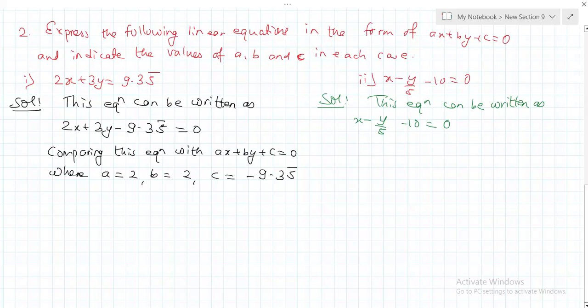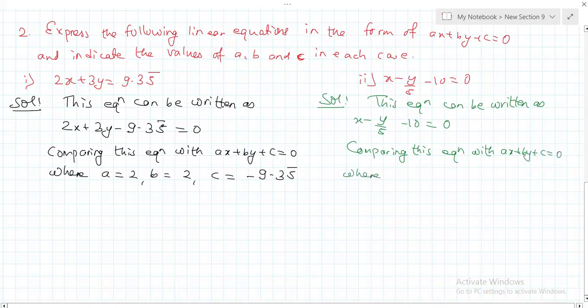Okay, so now this equation also can be easily compared with ax plus by plus c equal to 0. So we can write, comparing this equation with ax plus by plus c equal to 0, from here we can write where a is equal to, okay, so here a means what? 1.